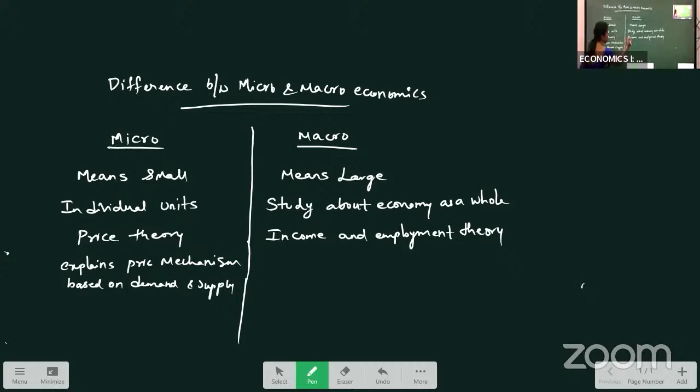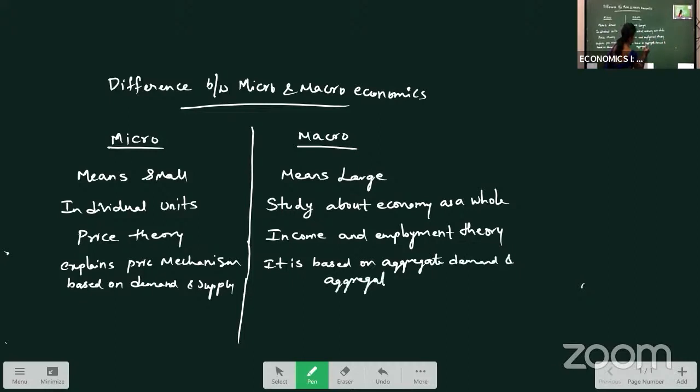Whereas in macroeconomics, it is based on aggregate demand and aggregate supply. Aggregate means total, throughout the country, throughout the economy we are studying.